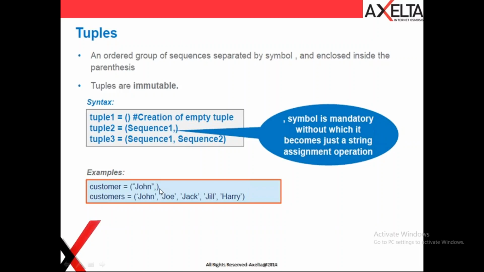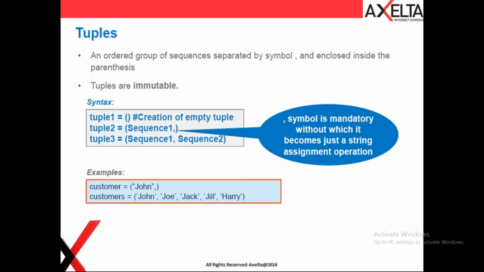These notations are very important. For strings we use quotes, single or double. For tuples we use parentheses. For other data structures we use other notations, which we will see.